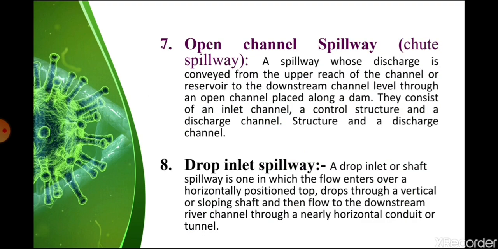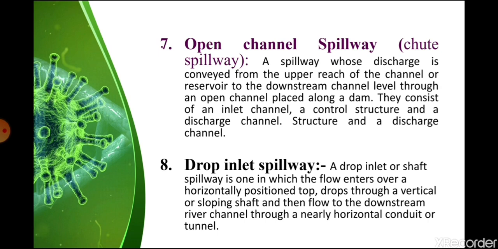Now the open channel spillway, or sometimes one may call it a chute spillway. A chute spillway is able to discharge from the upper reach of the reservoir channel to the downstream channel through an open channel. That's why it's called open channel. Then the drop inlet. In the previous slide I explained the drop inlet spillway.